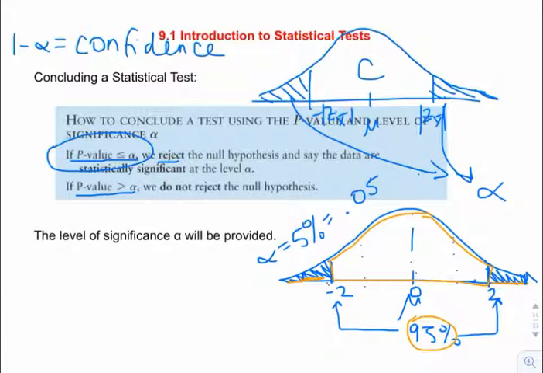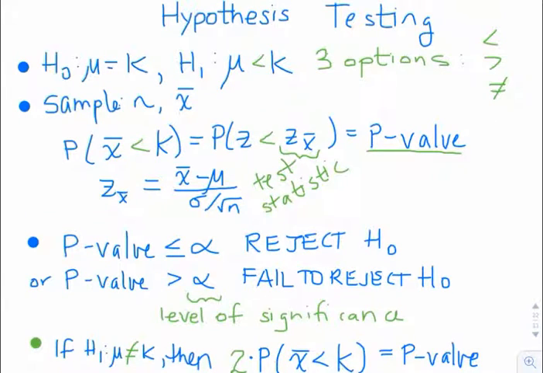So let's look at a little overview now of how we actually do these computations. In hypothesis testing, we have a null hypothesis, H0, where we claim a particular value for the mean. For example, the mean is k. For our alternate hypothesis, we have 3 options: that the mean is less than k, or it's greater than k, or it's just not equal to k.